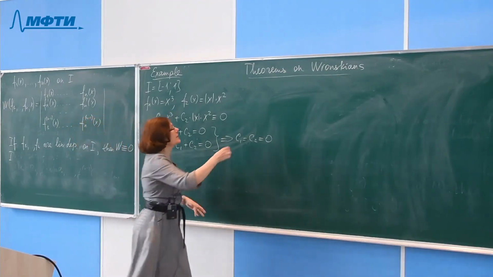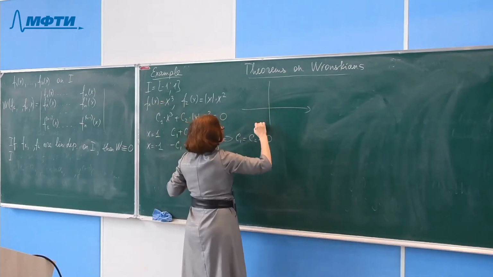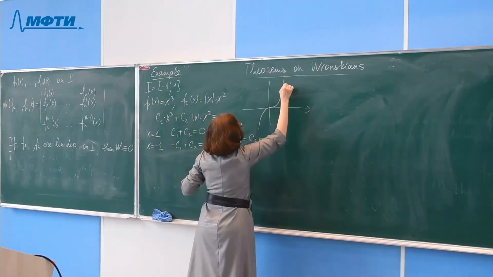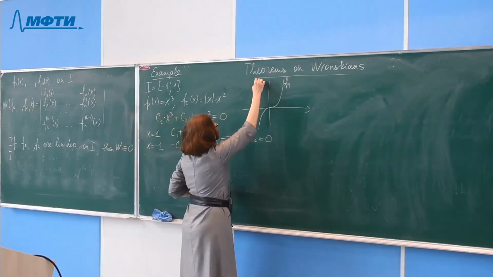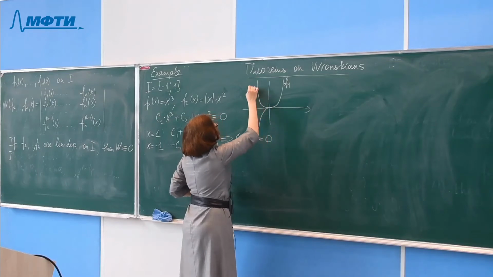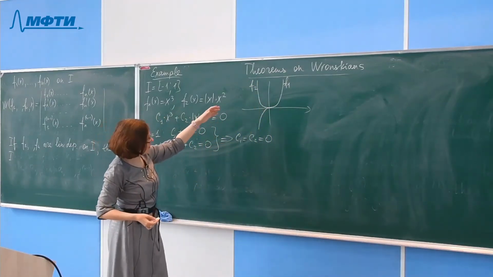And what are the graphs of these functions? The graph of the first function is this. So this is the graph of f1. And the graph of f2 will look like this. So we can see that the graphs are different.